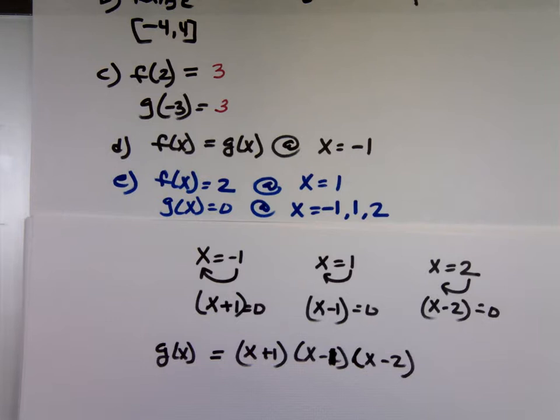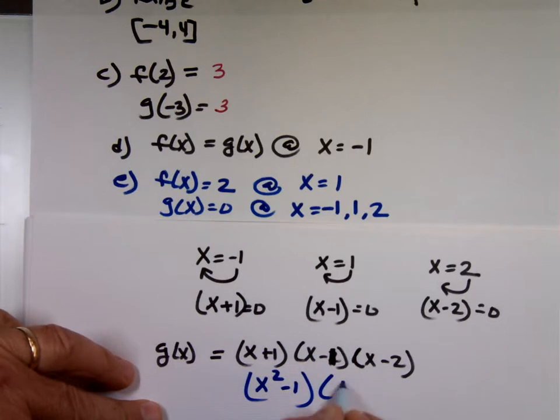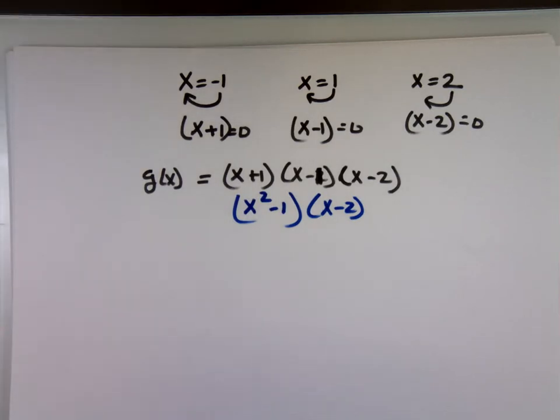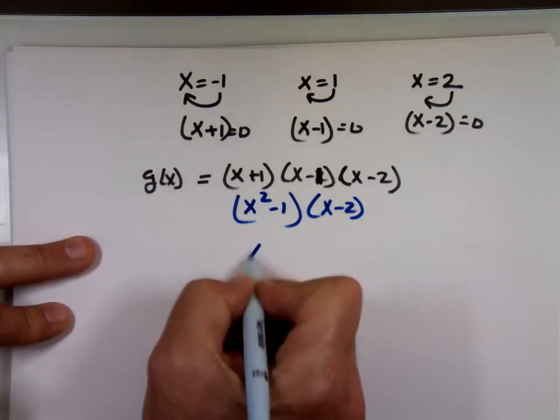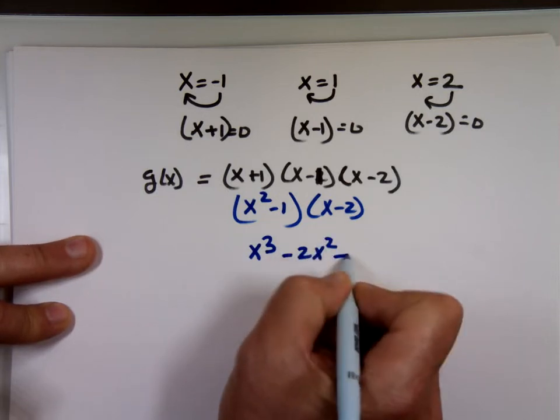So now if you multiply that, if you factor these two, that's x squared minus 1 times x minus 2, and that will make it x cubed minus 2x squared minus x plus 2.